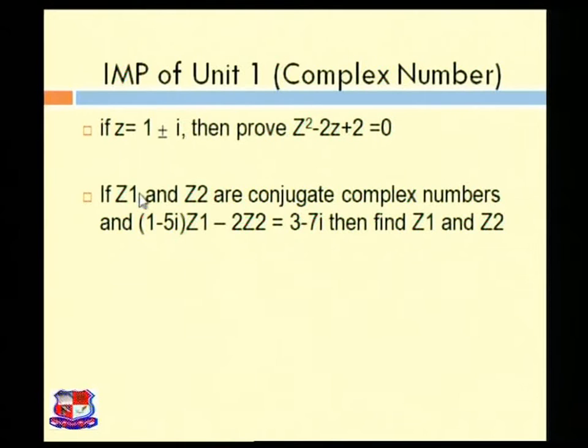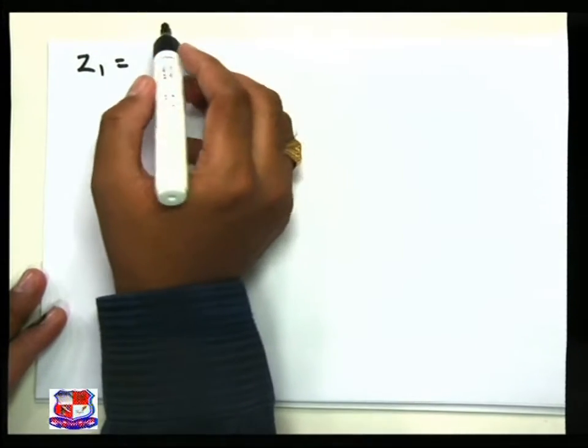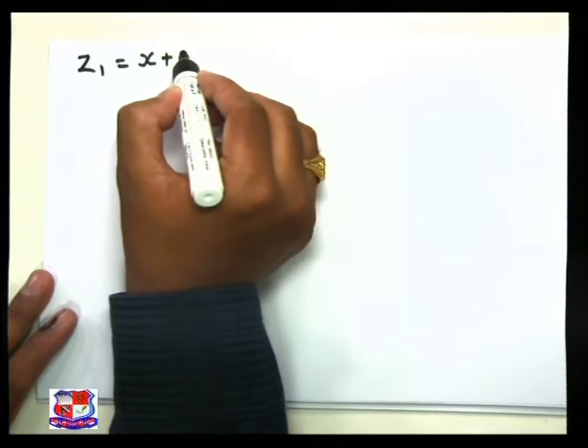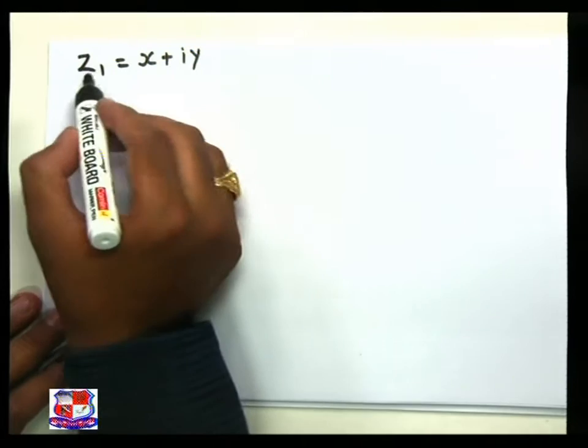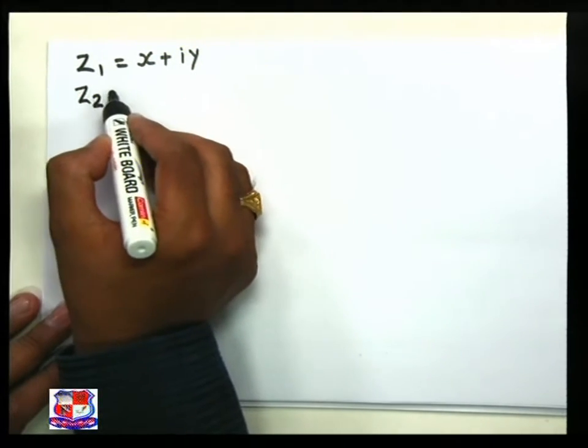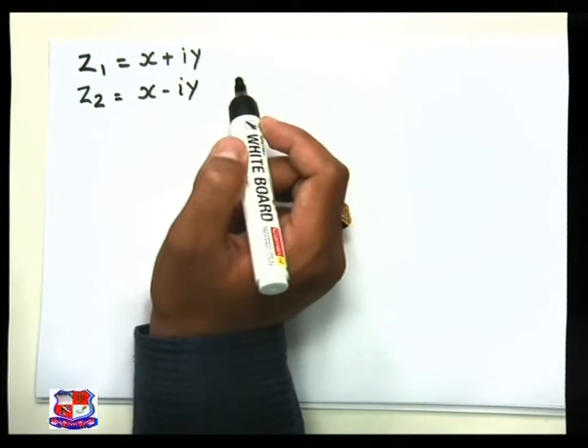So we first assume z1 is equal to, and z2 is equal to, and then replace into this equation. First of all write z1 is equal to x plus iy. Now, conjugate of the complex number, so z2 is equal to x minus iy.